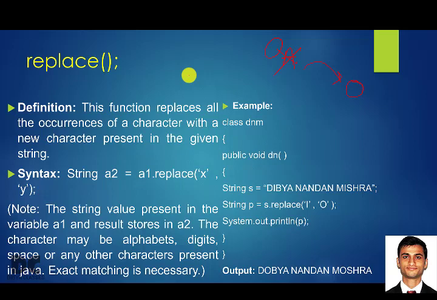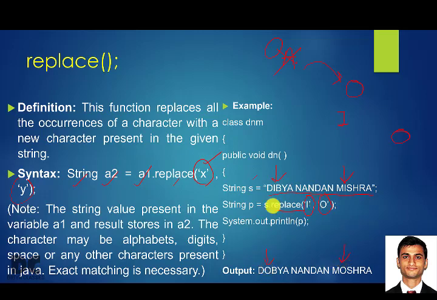And the syntax is string variable equal to variable dot replace(x, y). What are x and y? X is the alphabet you want to replace with y. For example, x is I and y is O. So whatever I is present in a sentence or in a paragraph, it will be replaced by O. For example, you have a string Divyanandan Mishra, this is my name, and you want to replace all the I with O. So how many I are there? There is one I in Divya and one I in Mishra. So the new sentence will be Divyanandan Mishro.